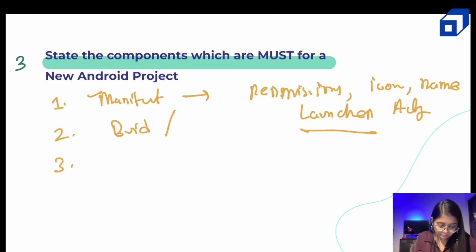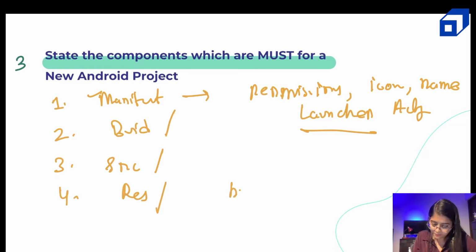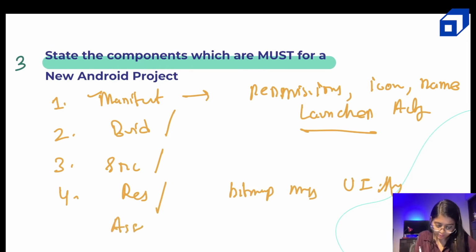Then you have build, and the src directory, which contains all the code and resources. Apart from that, you have the res directory, which contains non-code resources like bitmap images or UI strings. And then you have assets as well, so these are important files.